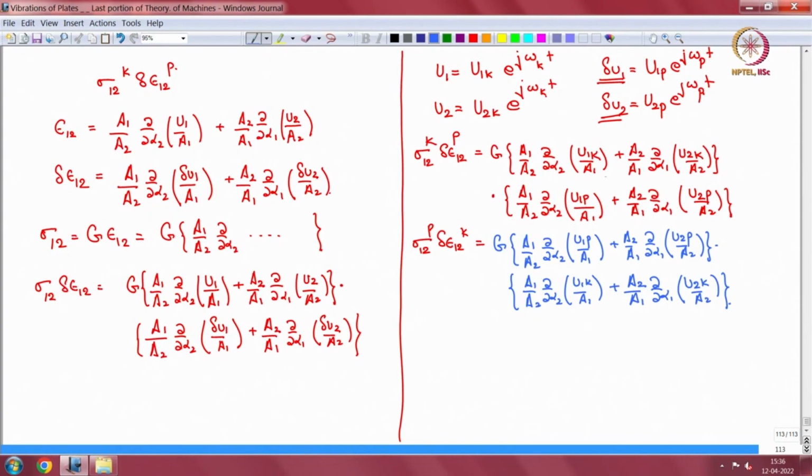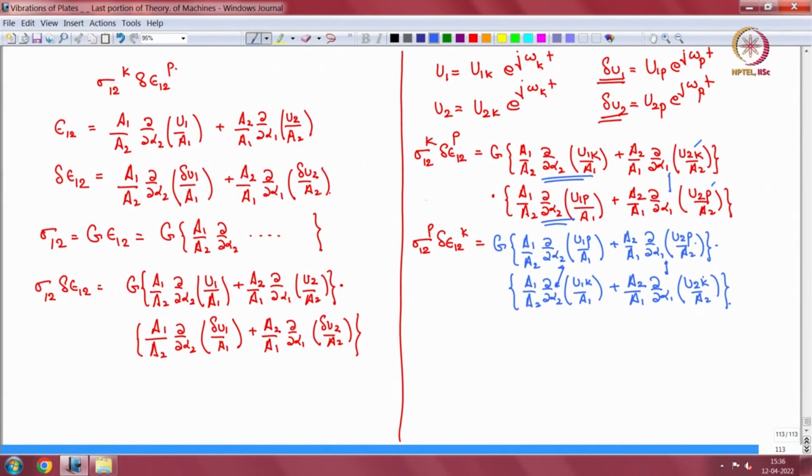So you can see you have U1, this term and this term all same except U1K, U1P is the same as this term, this product over here. Okay. Similarly U2K, U2P product over here, del alpha 1 is U2P, U2K product over here. So the terms are the same.